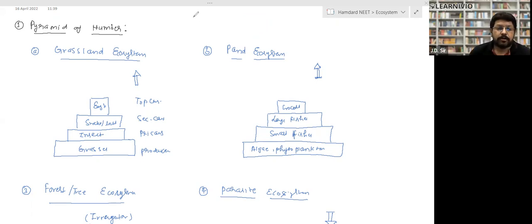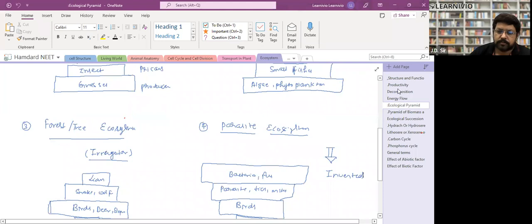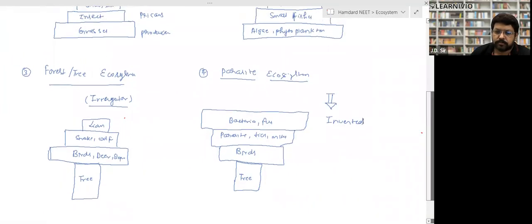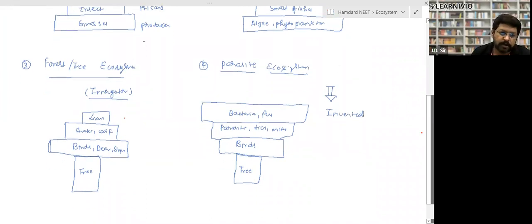Look, now come to here. We are studying this one over here. Next is this. Another example. We are just studying the pyramid of number only.